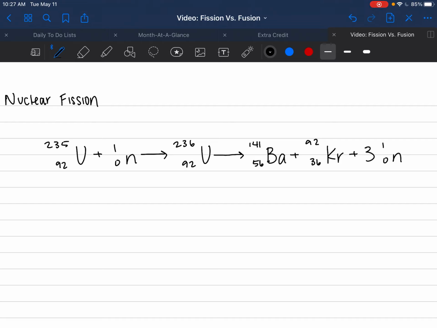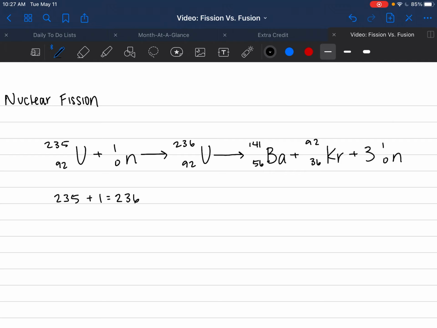So real quick, that mass number, we have 235 for uranium. We add 1 for our mass number from the neutron because remember that our mass number is protons plus neutrons. We're not adding on any protons, but we are adding that 1 for the neutron. And that gives you 236.